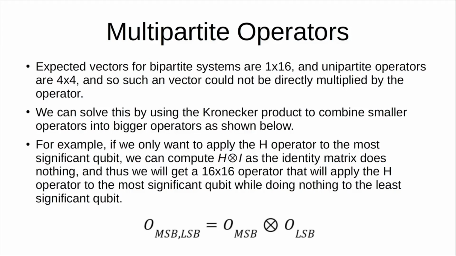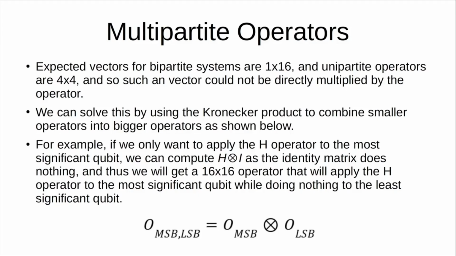We can solve this problem by using the Kronecker product to combine smaller operators into bigger operators, as shown below. If we take an operator that applies to a most significant qubit and Kronecker product that with an operator that applies to a least significant qubit, we get a single bigger operator that applies a specific operation to the most significant qubit and a specific operation to the least significant qubit.